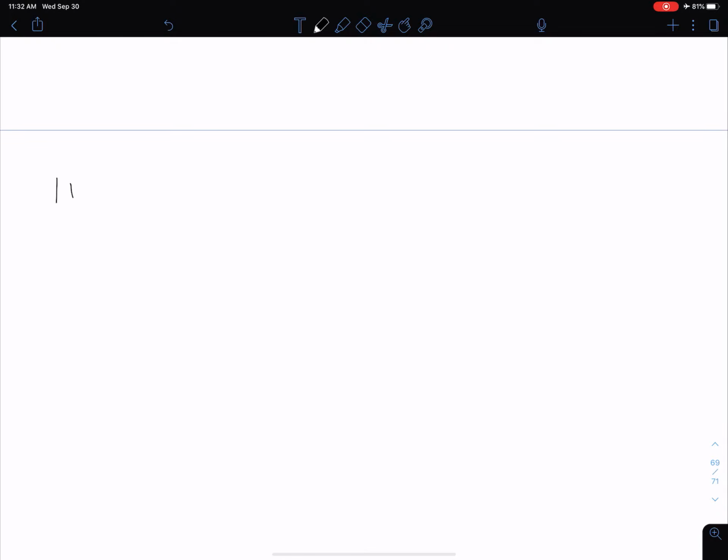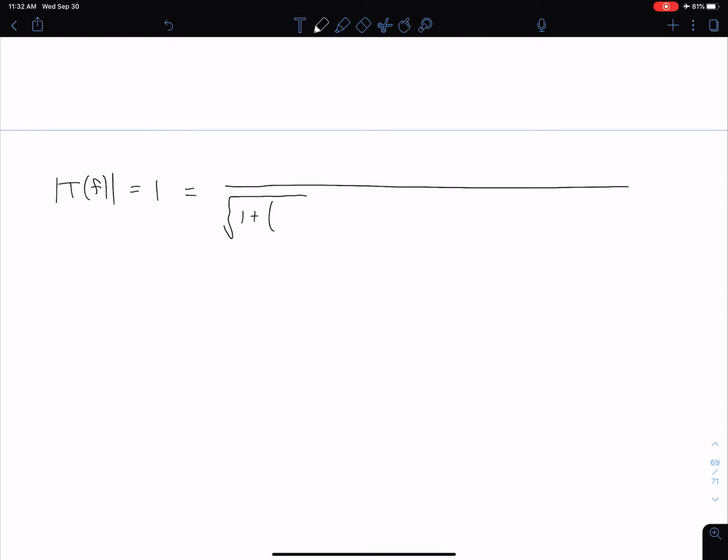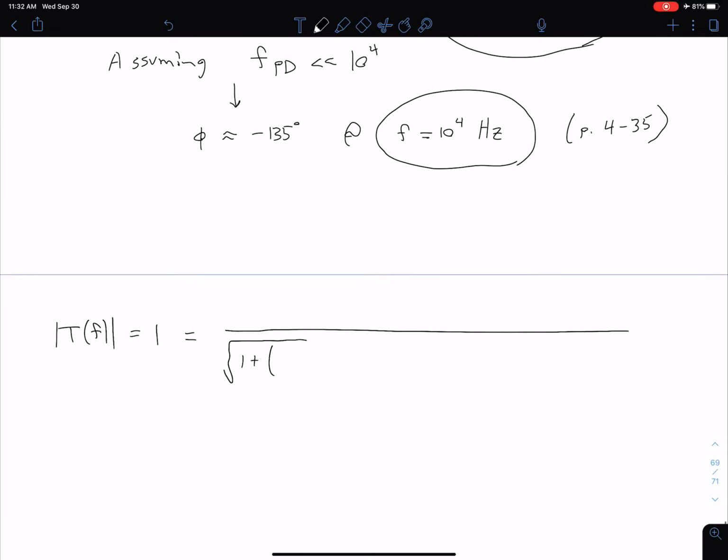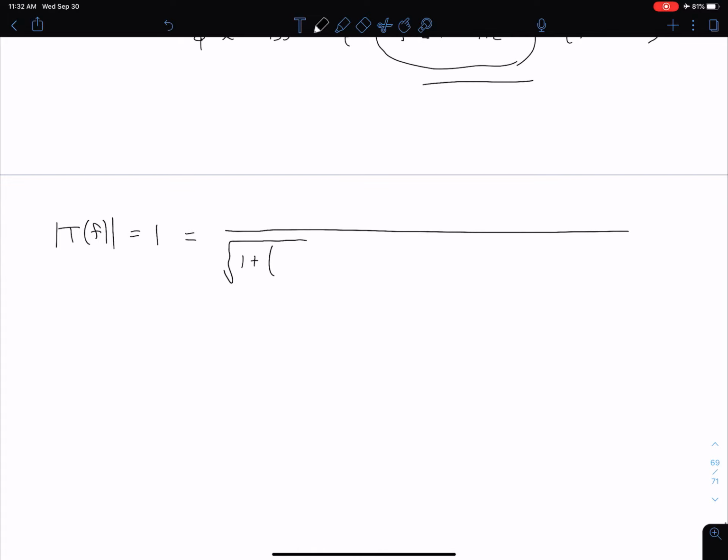So our magnitude of our loop gain function, we want it to be equal to 1, and we can set that equal to a term from our dominant pole that we're inserting: 1 plus, and remember our frequency that we're using is 10 to the 4th, so 10 to the 4th divided by f sub PD, that quantity squared.